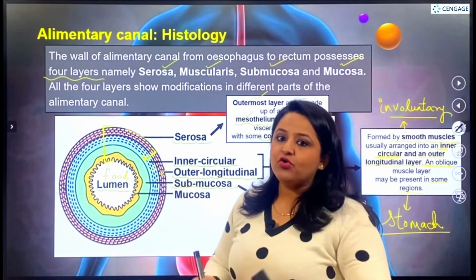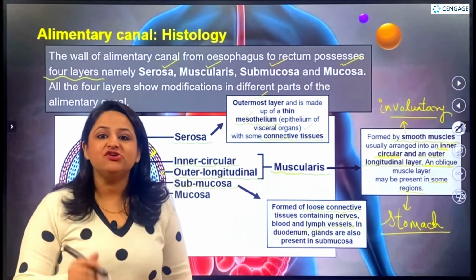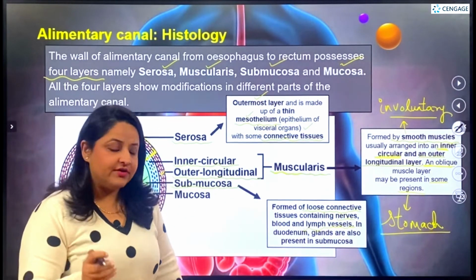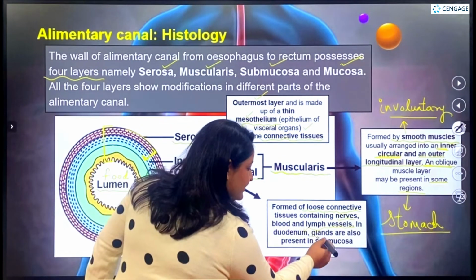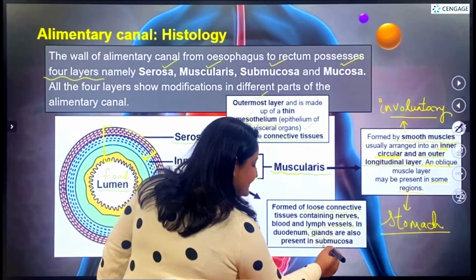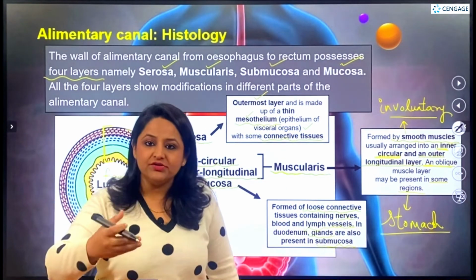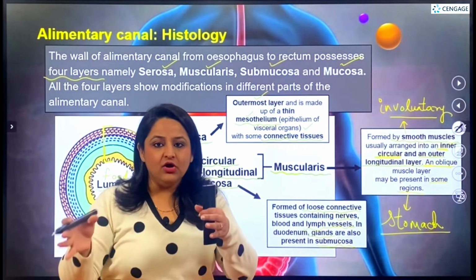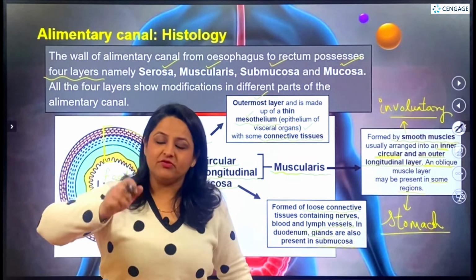Now, there is one more modification. This modification is seen in the case of the duodenum. In the duodenum, there are some specific glands known as the Brunner's glands. They are present inside the submucosa. The Brunner's glands generally release mucus and some ions which are going to nullify the acidic chyme coming from the stomach.